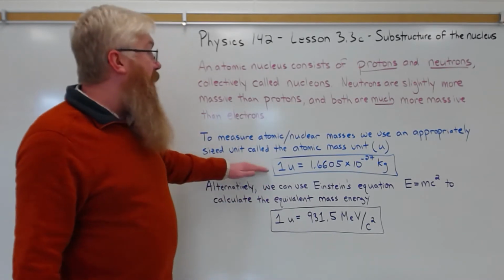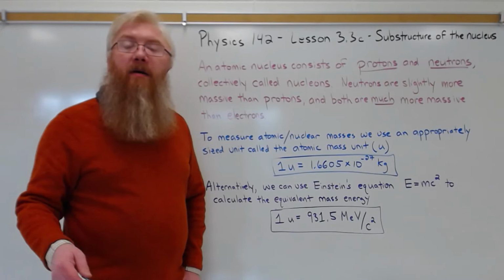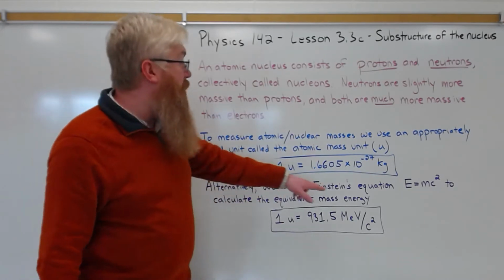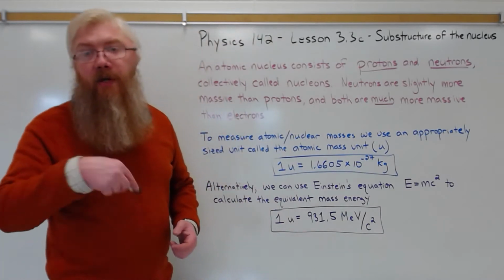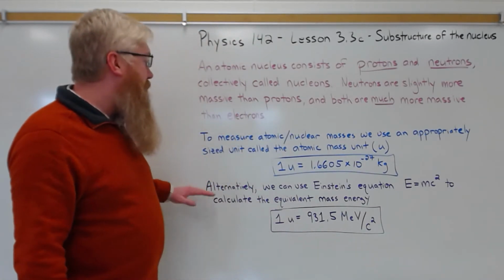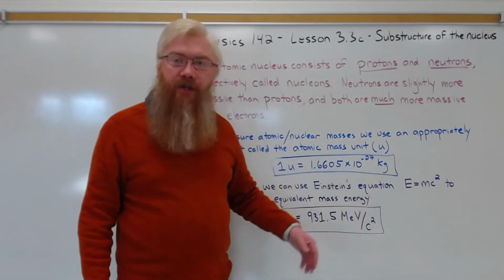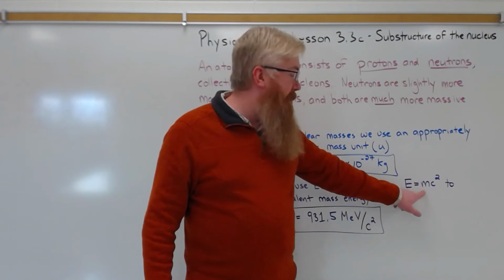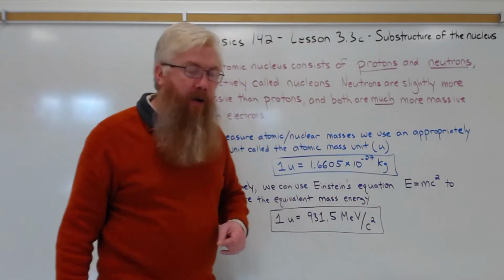Now, alternatively, rather than talking about nuclei or neutrons and protons in terms of their mass, we can use Einstein's equation, E equals mc squared, which we learned about in the relativity chapter, to talk about the mass in terms of mass energy, right? So basically, solving this equation for m, m is equal to the energy over c squared.